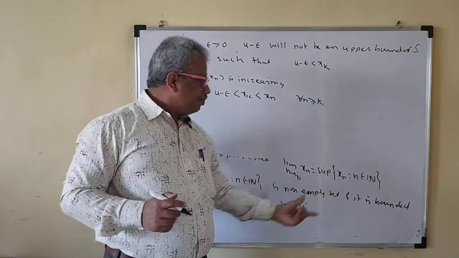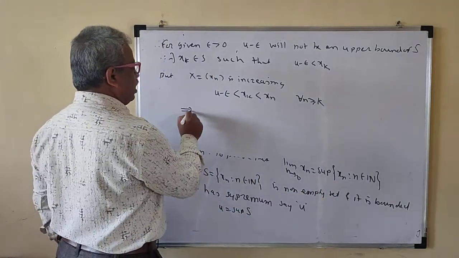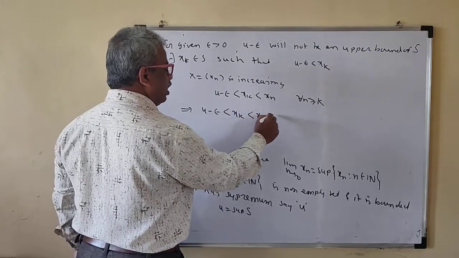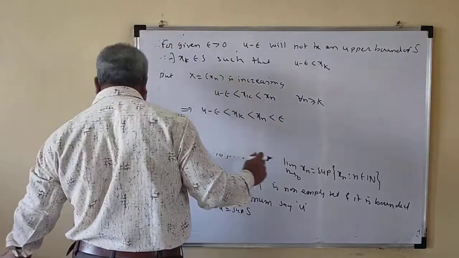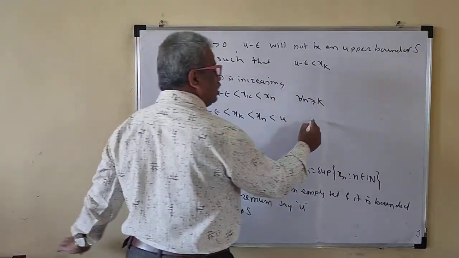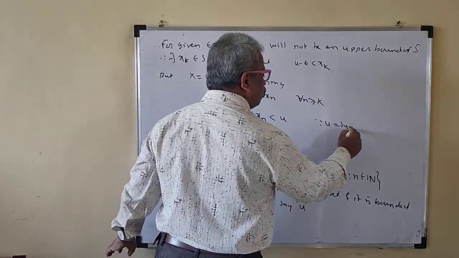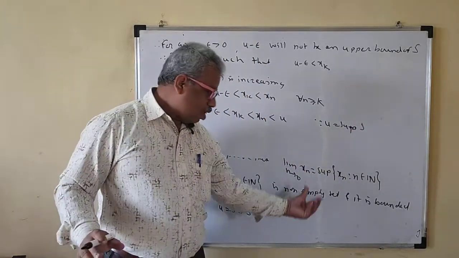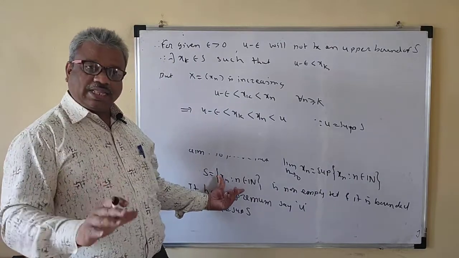So this implies that u minus epsilon is less than xk, which is less than or equal to xn, which is less than or equal to u. Why? Since u is equal to the supremum of S, all the elements of S are less than or equal to u.